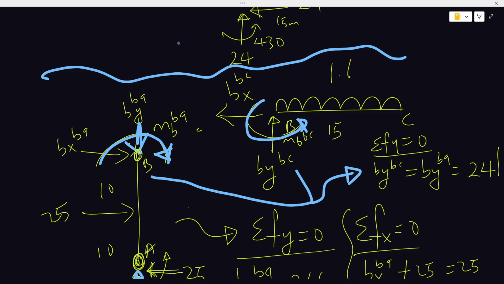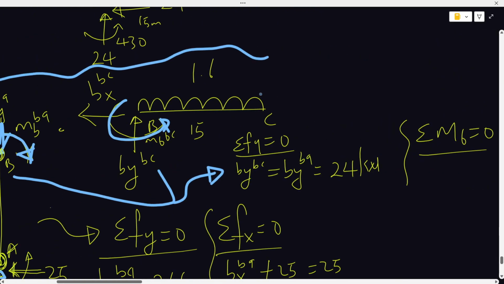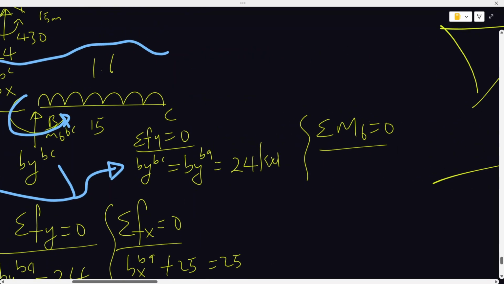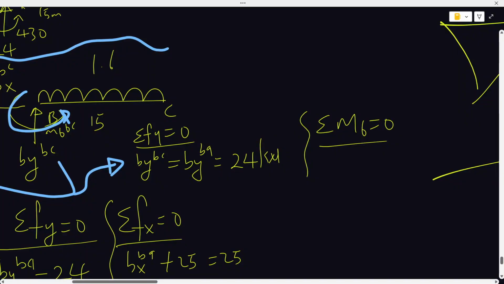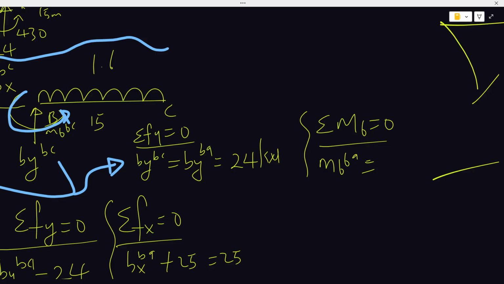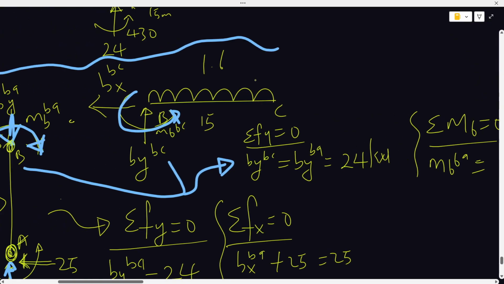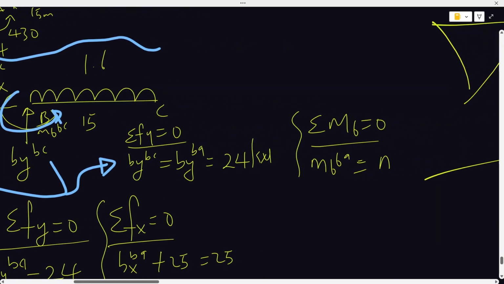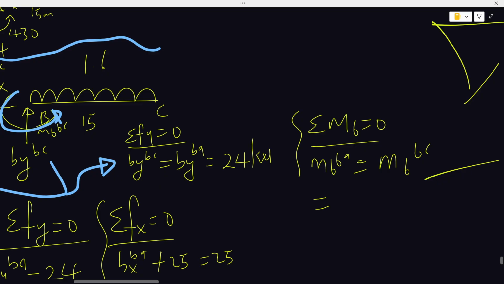And once again, clockwise is equal to anti-clockwise, your normal physics. So MBBA is equal to MBBC, which is equal to 180 kilonewton meters.